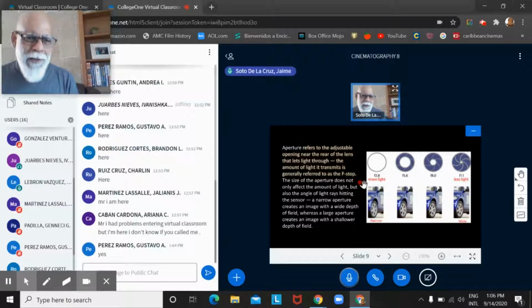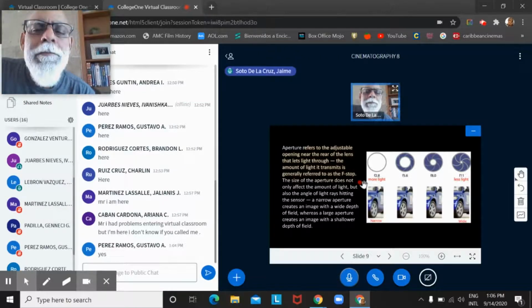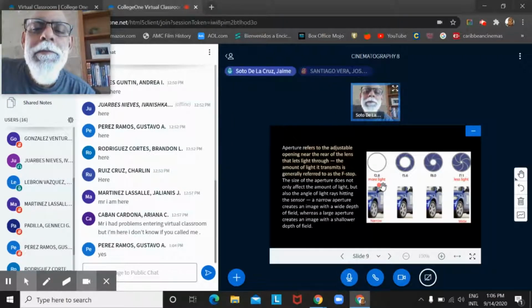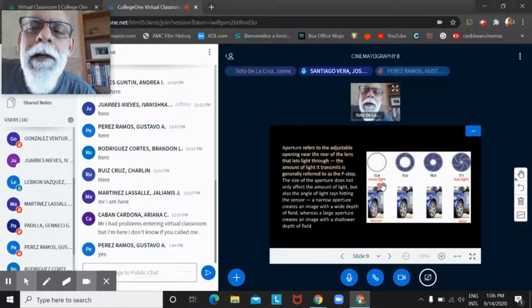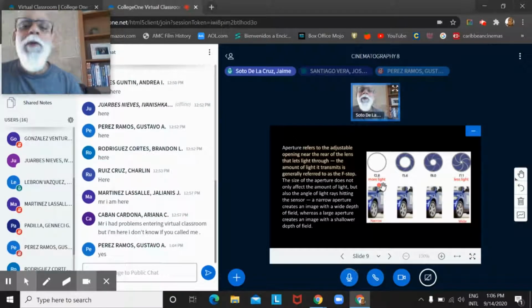You can look at this diagram here. Do you see the one that's very open? What's the f-stop there? If you can read that. It says it right there. F what? 2.8. So that's a very low aperture.